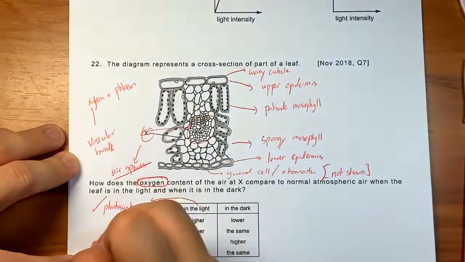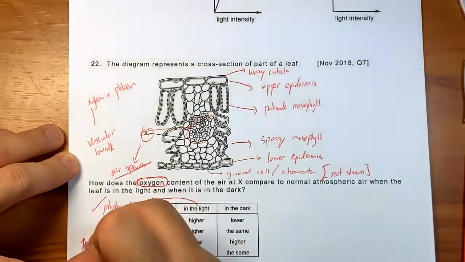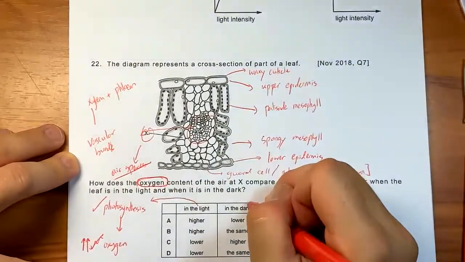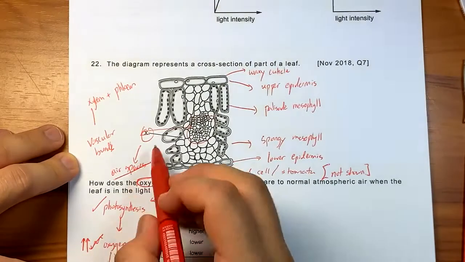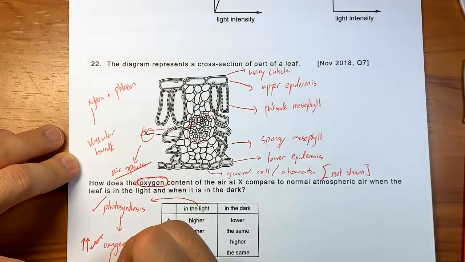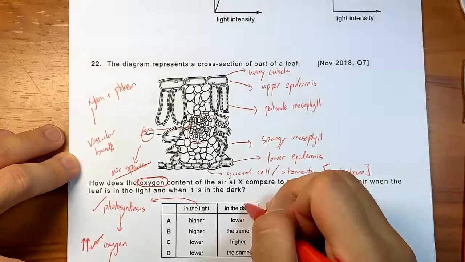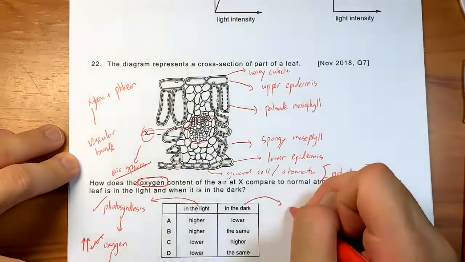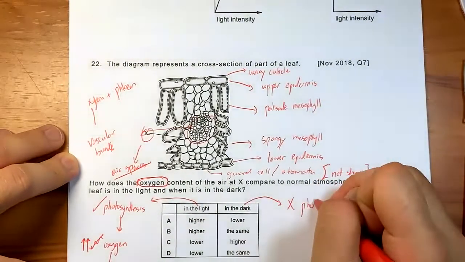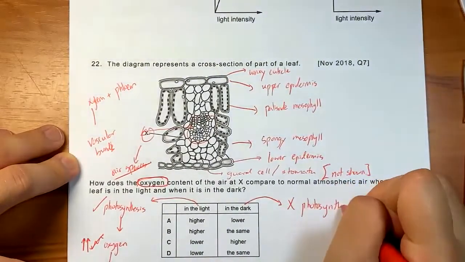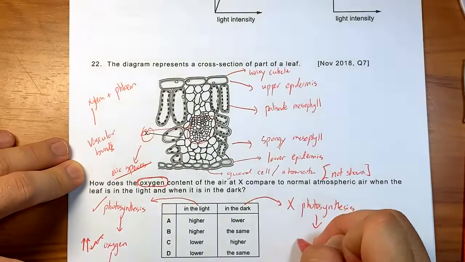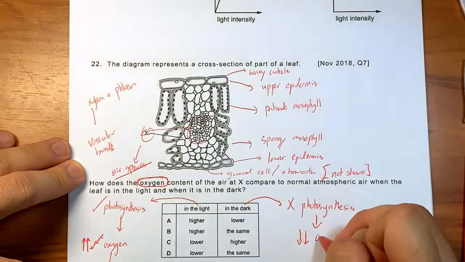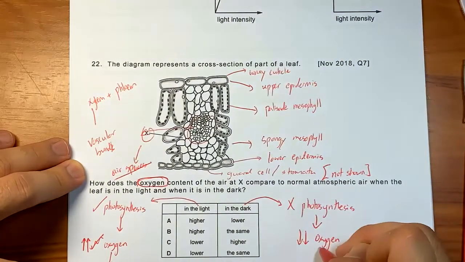So they will produce a lot of oxygen, and this oxygen produced would be in the airspace. Whereas in the dark, what will happen is no photosynthesis. And if they don't have photosynthesis, that means less oxygen in the airspace.